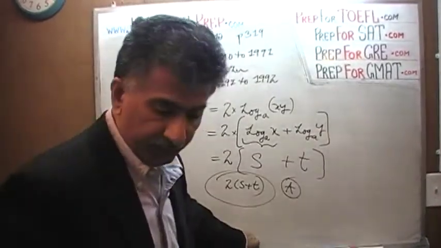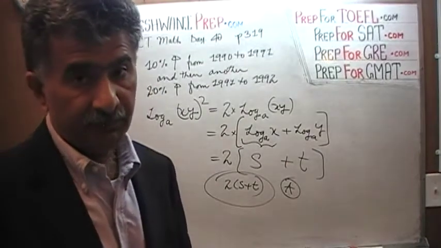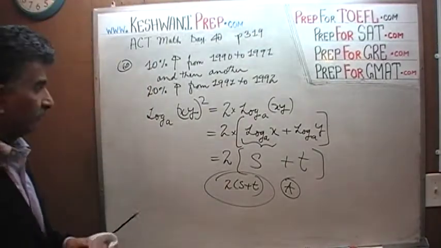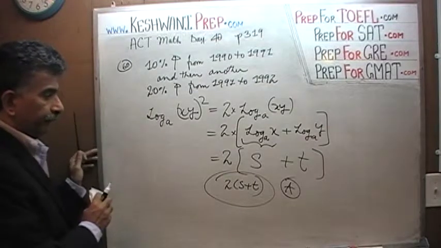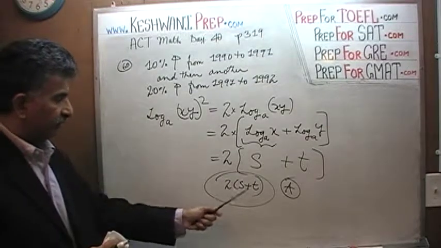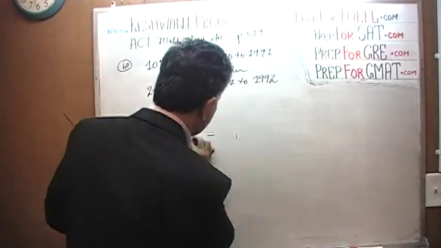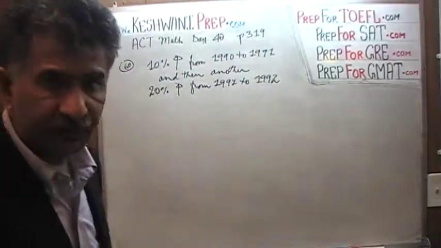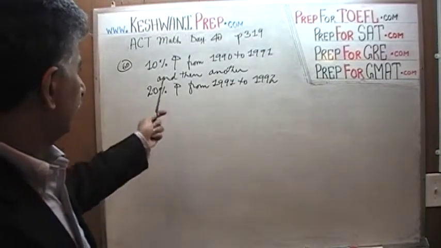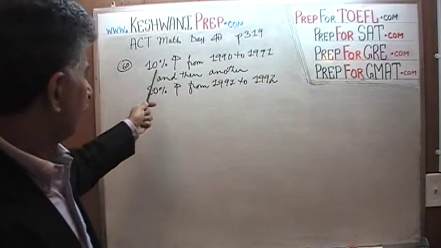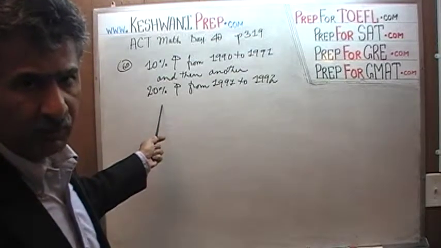Well, in this particular problem, you'll find out that there is really nothing to do at all. I'll show you why in a second. That's it. We need to erase this thing, obviously. Look, the reason why there is nothing to do in this problem at all is because it went up by 10% and then it went up by another 20%.